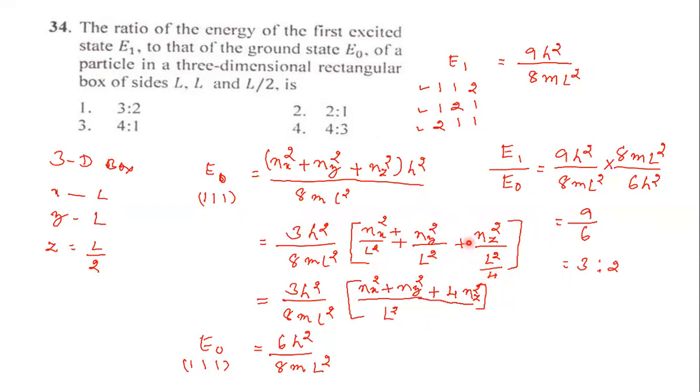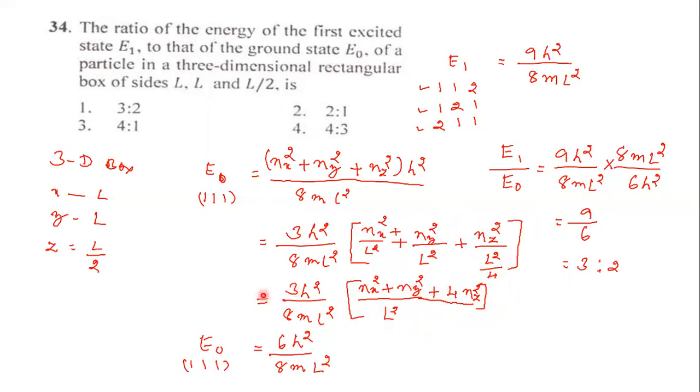Then this 4 goes to the numerator. So this gets modified to nx square plus ny square plus 4 nz square. Don't consider that extra 3 here. We're just modifying this equation by individually dividing L square to nx square, ny square, nz square, and substituting the value of L in the z direction as L by 2. That's how it gets simplified to this form.